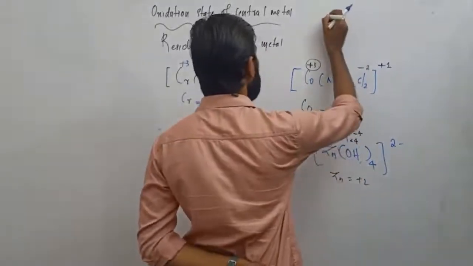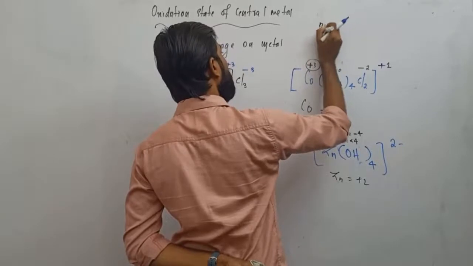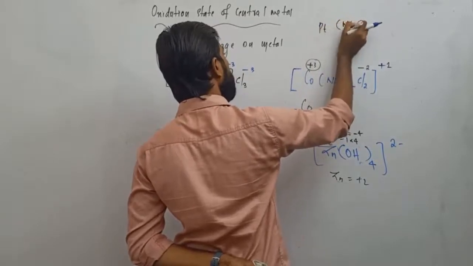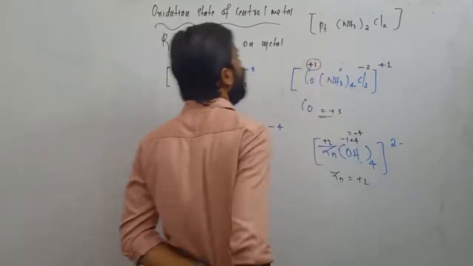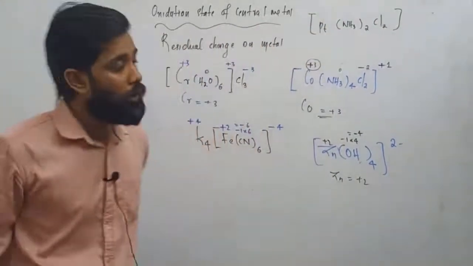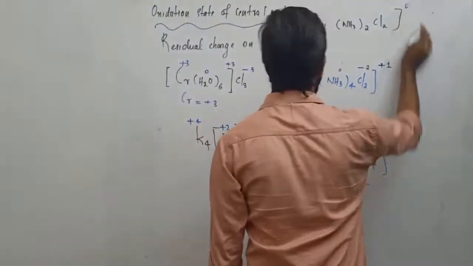I'll give you one more example. Listen. [Pt(NH3)2Cl2]. This means the charge of this complex is 0.